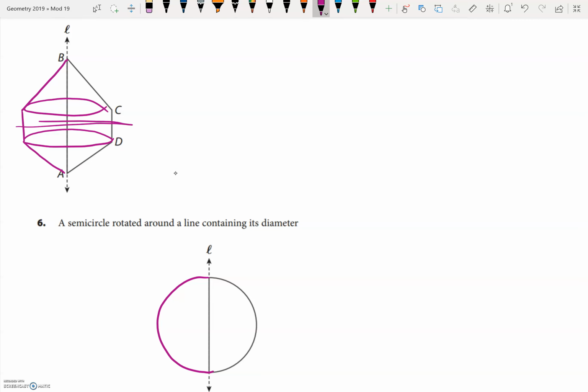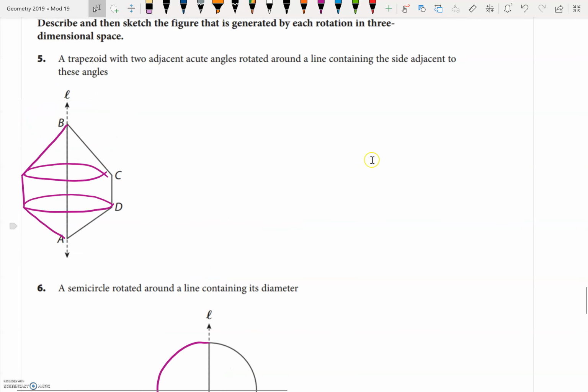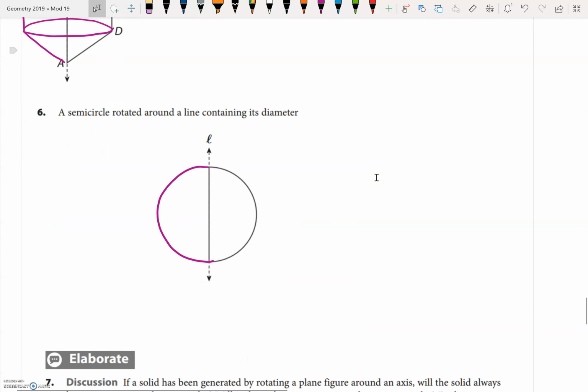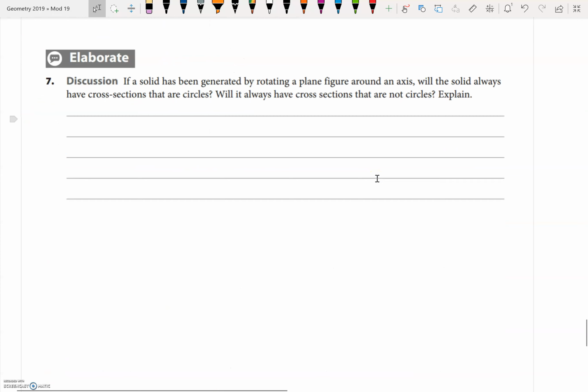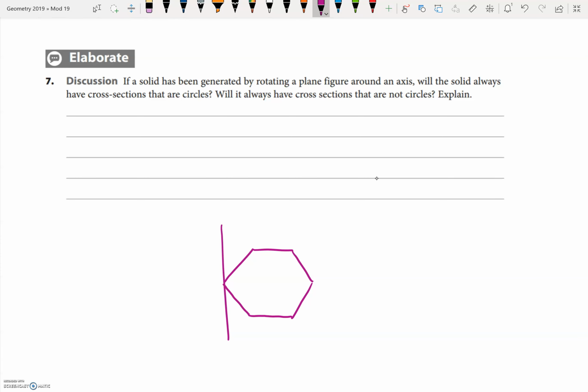Like I could just cut along here. So it seems like we would always have circular cross sections at least. Imagine, what do you think this figure would look like if we rotated a hexagon that is on the corner around our figure?